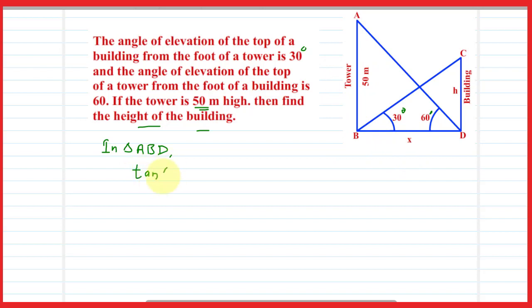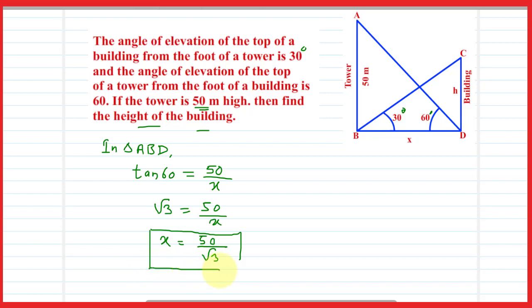So tan of 60 is equal to opposite, 50 meter, upon adjacent, which we are taking as x, and tan 60 is root 3. So root 3 is equal to 50 upon x. So x will be 50 upon root 3. Highlight this. This is the first important step, that x is equal to 50 upon root 3. Always think of making your answer sheet examiner friendly.